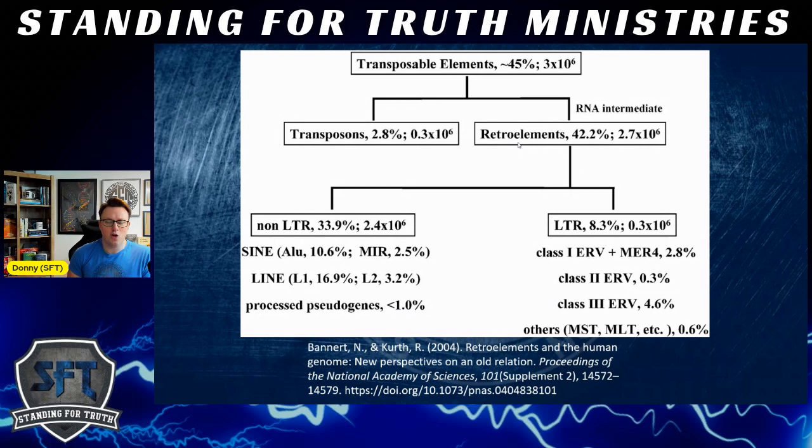Okay. And so we can see these retro elements are broken up into different classes. You've got endogenous retroviruses being one of them. The evolutionists say that these came about in the genome through ancient viral infections. And then the ERV has this classic retrovirus design that your other retro elements don't necessarily have.